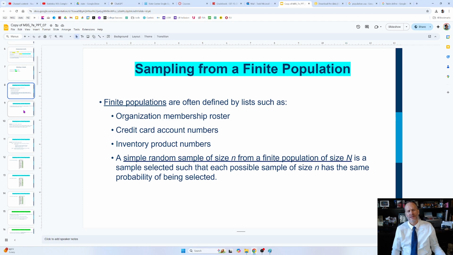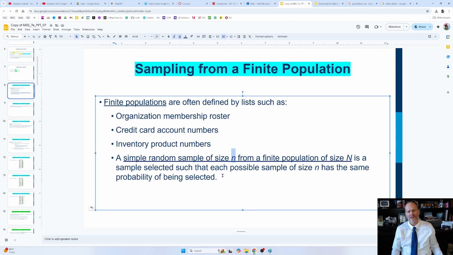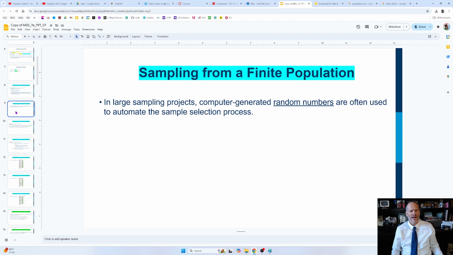You define your frame, these are the elements I'm going to be sampling from out of the population. Here's my frame, I'm going to sample from this frame. And you want any sample you select to have the same probability of being selected. We'll see how to do that in a second.